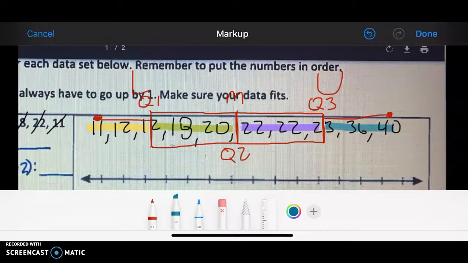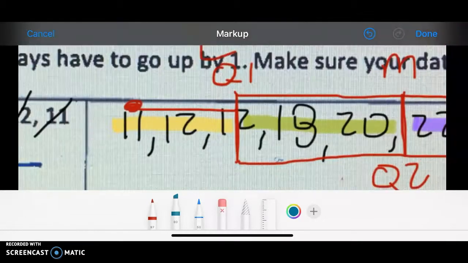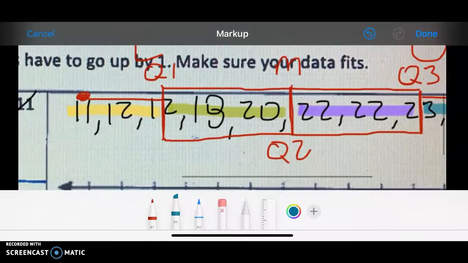In each one of those, there are not 3 numbers, but they're kind of 2.5 numbers in each. So if we look in the first quartile, we have 11, 12, and then we went halfway through the 12, the third one. And then in quartile 2, we went halfway through that 12, and we have 18 and 20. So it all looks nice and even, right?